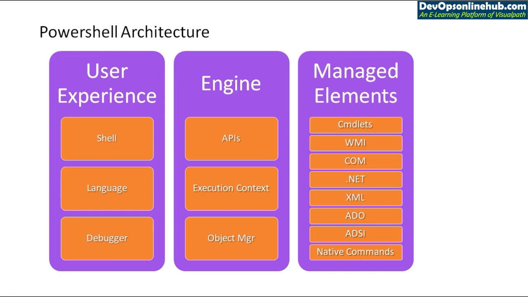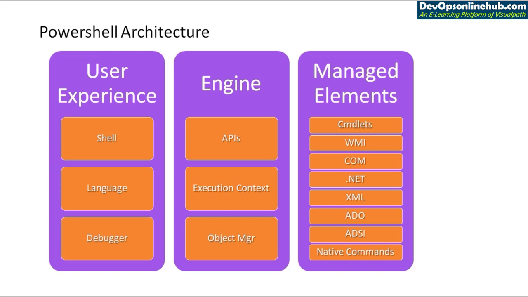When it comes to the shell, a user can execute a PowerShell file from a PowerShell command line, or a user can execute it from a language, maybe a .NET language, right?